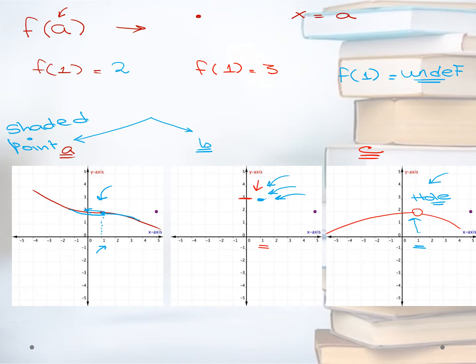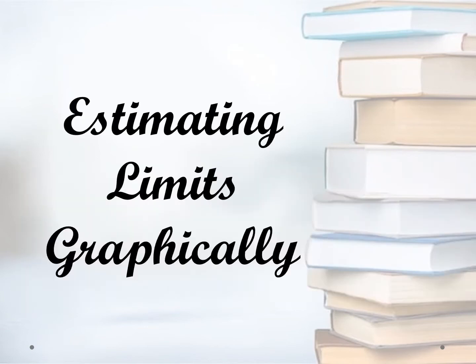Now let's move further. Here we are going to study estimating limits graphically. Whenever we study limits graphically, remember that limits are shown on the graph with the help of lines.